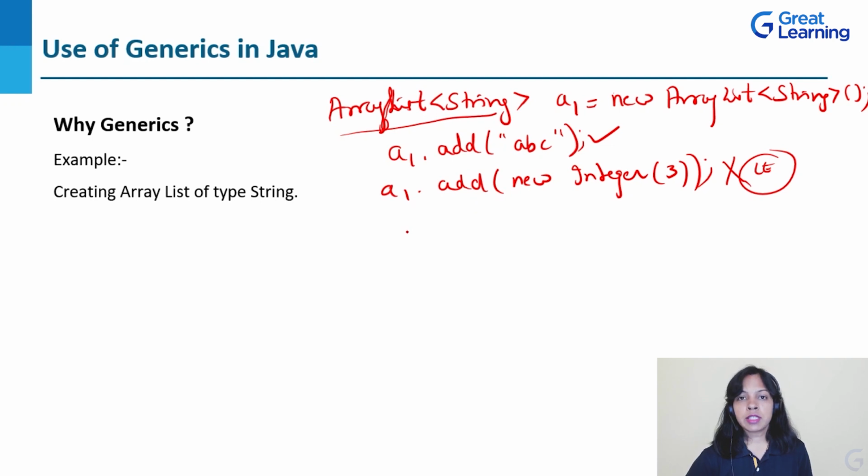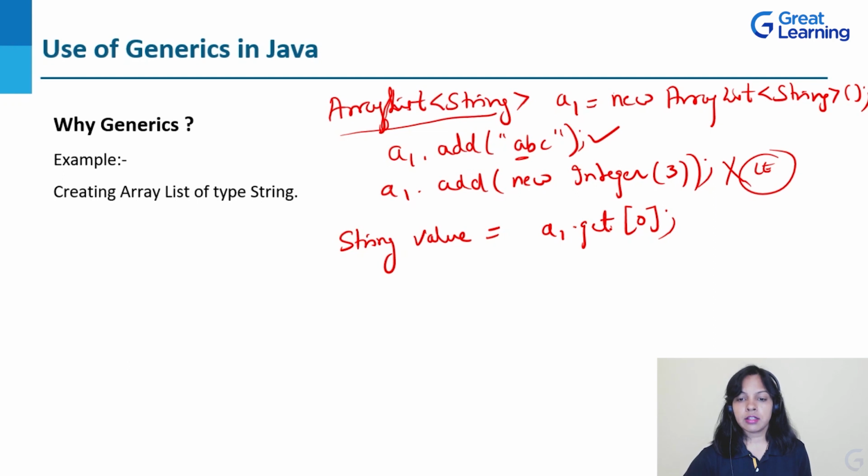Next one, explicit typecasting is not required using generics. Let's see that now. If I take a variable named value of type String, and in this I want to store this ABC, then what will I do? Again, there is a get method for that. So A1.get has to be done and specify the index value. Only one element is there, which is ABC, and it is stored at the 0th index.